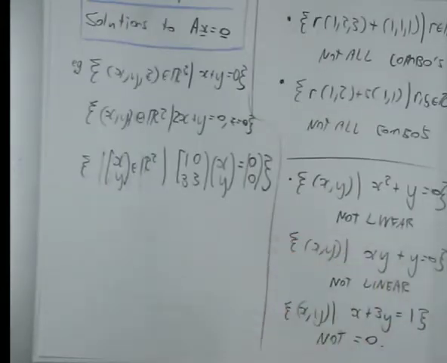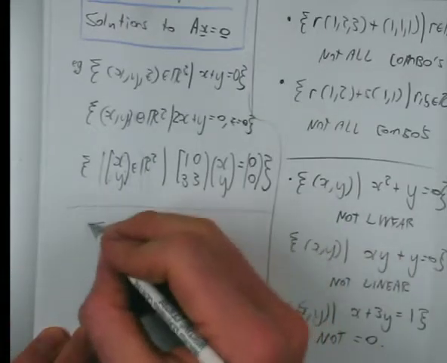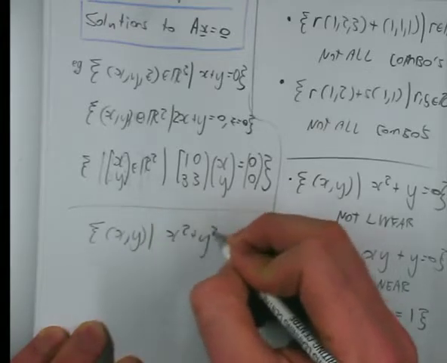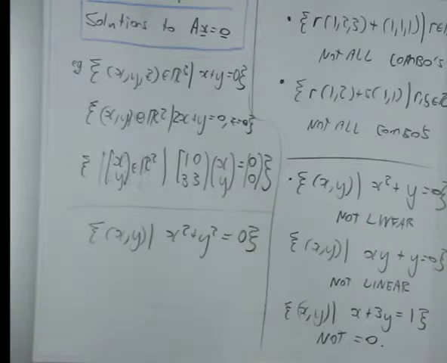Okay, so there is one special case. That one there, special case, that is a subspace, because the only vector that satisfies that is the origin, and therefore that's all there is, and therefore it's a subspace, because the origin all by itself is a subspace.